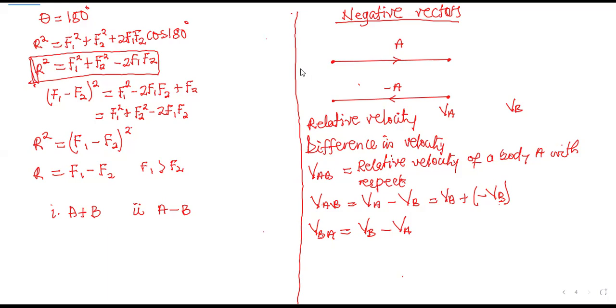Sir, please, I don't understand. You are given two vectors, A and B, and we are told they have equal magnitudes, but the angle separating them is 60.